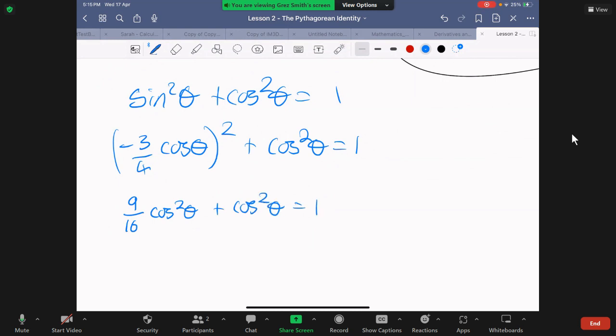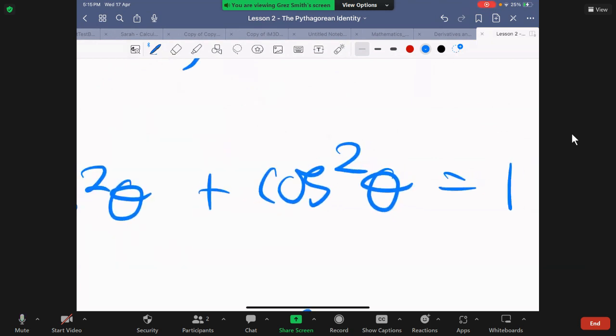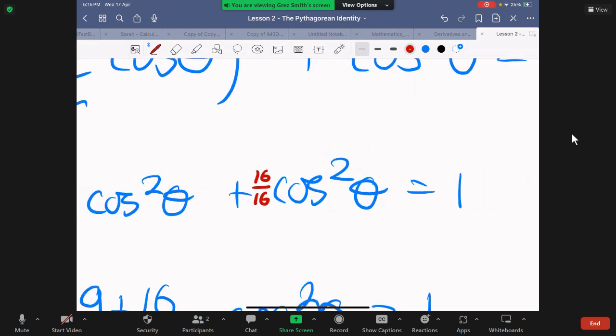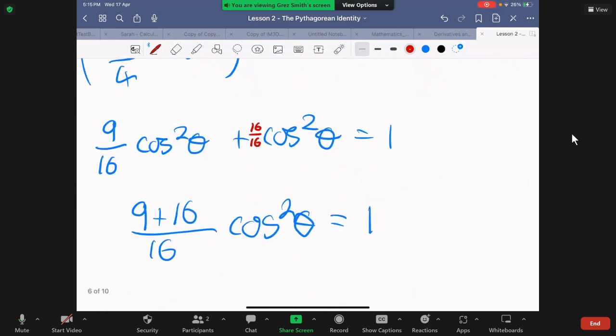So adding these two together, 9 plus 16 over 16 cos squared theta equals 1. Let me just show you what I'm doing there. I'm adding in here at this point that this is 16 over 16. So 9 plus 16.